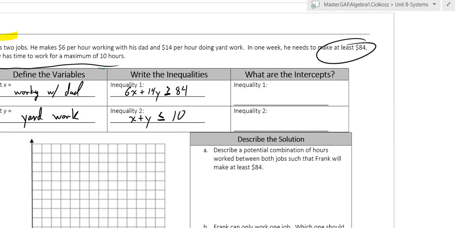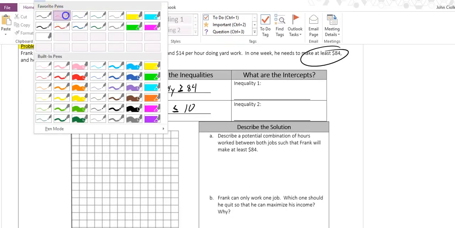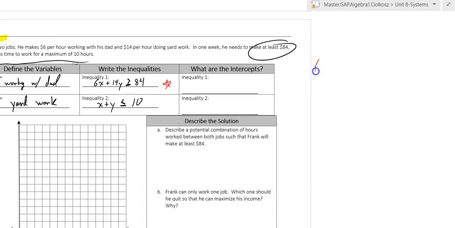So we'll use that same strategy here of the red and green to find our intercepts. So for these two, we'll find our X here and our Y here. So for my X-intercept, I ignore the Y. So I get 6X is equal to 84.